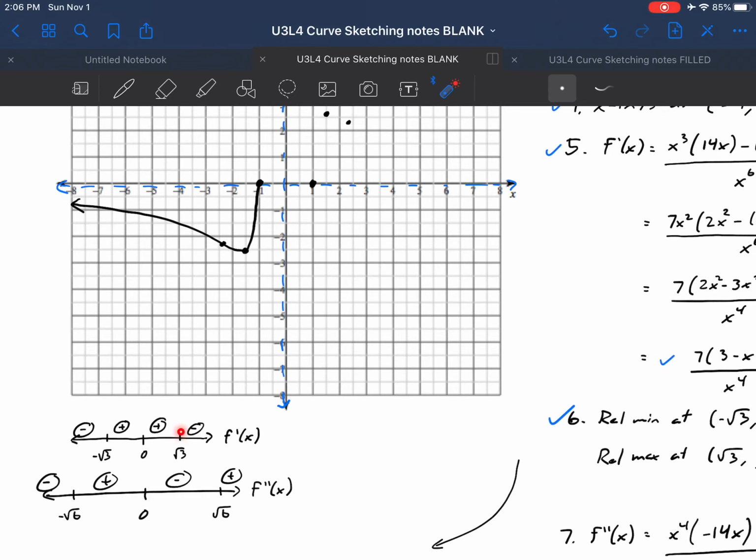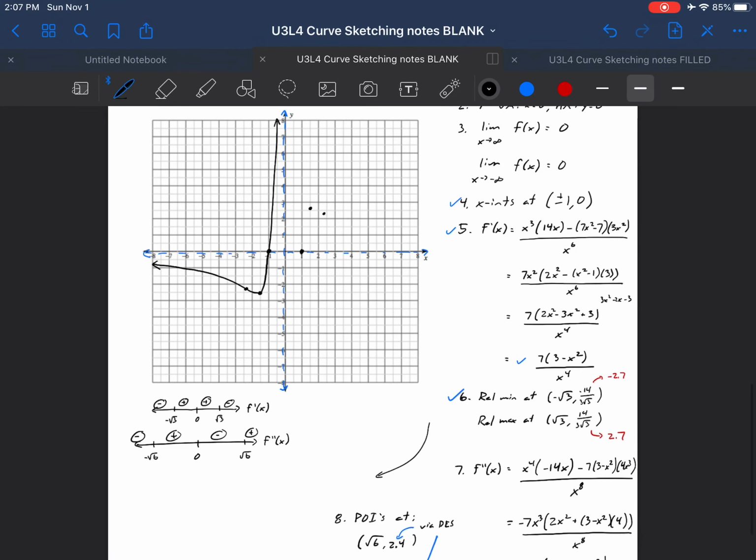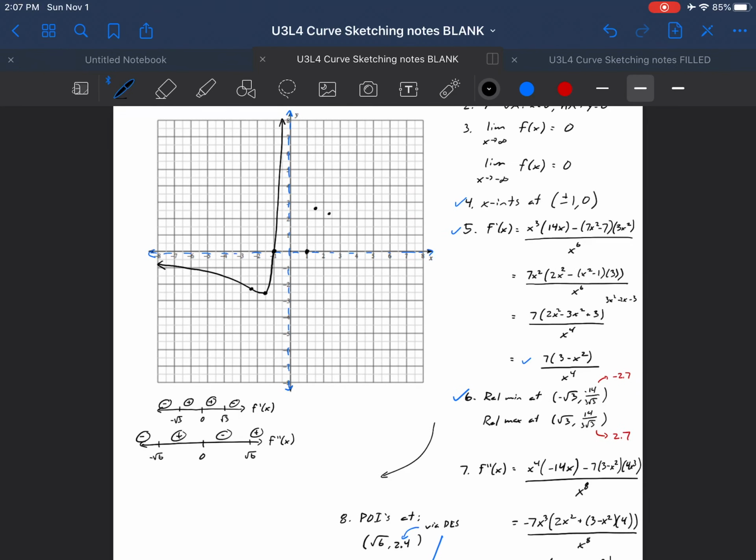So basically, I just need to keep this thing looking increasing and concave up all the way. Okay? It crosses over the vertical asymptote. And now we're to the right of 0, so it's still increasing, but now there's been a change in concavity. It's concave down, okay? And it will remain concave down until we get to root 6, which is this point.